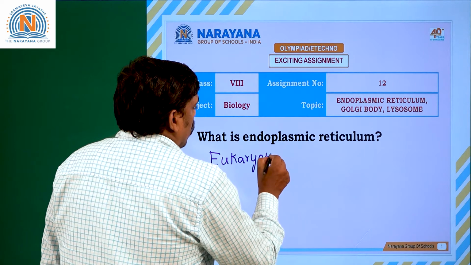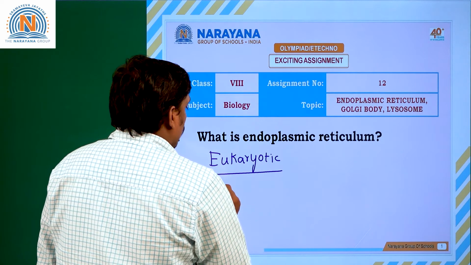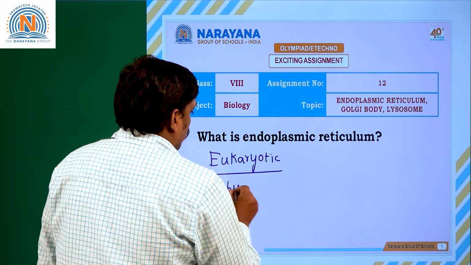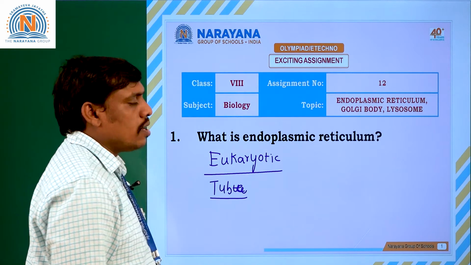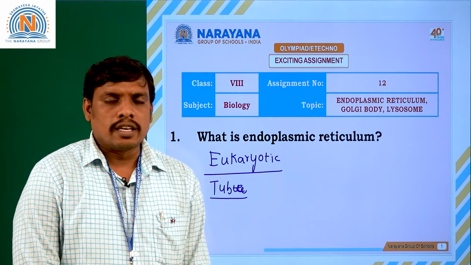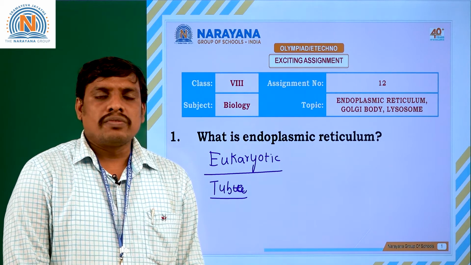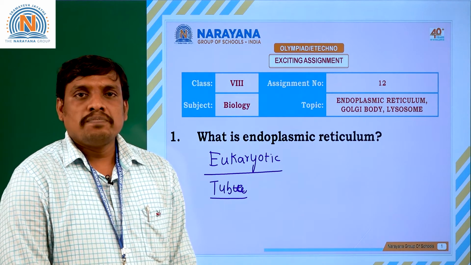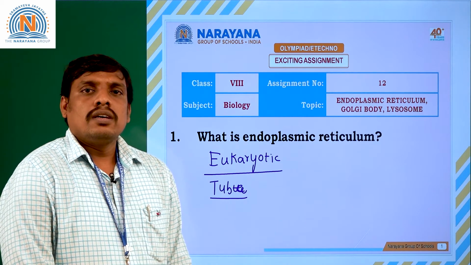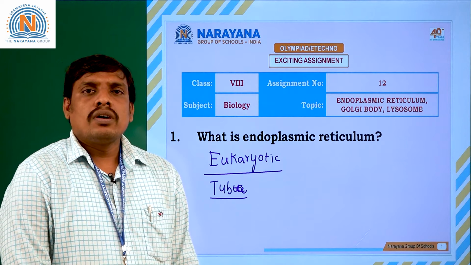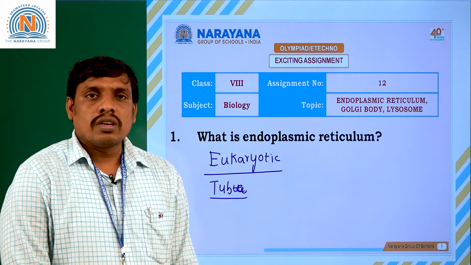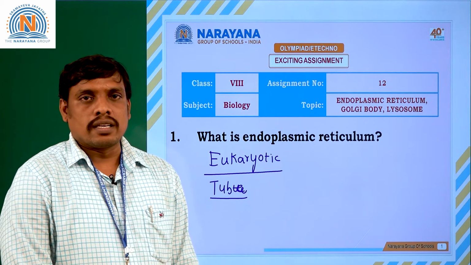It looks like a network of tube-like structures, and these structures perform many functions. It is closer to the nucleus in the cell. Around the nucleus, many tube-like structures are seen, which together are called endoplasmic reticulum.